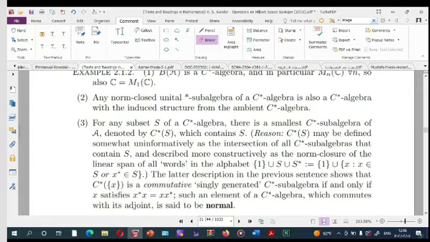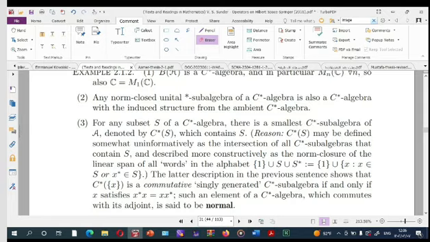The description in the previous sentences shows that C-star of x is a commutative singly generated C-star algebra if and only if we have this equality.